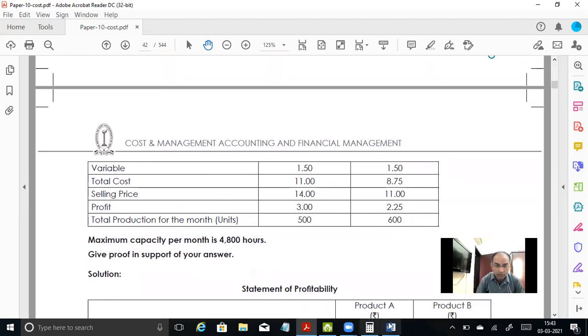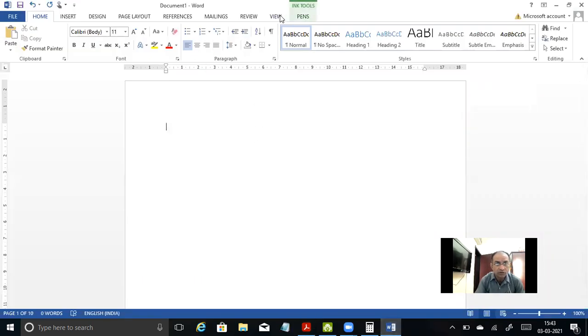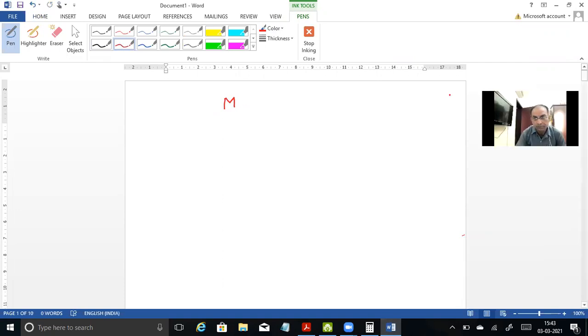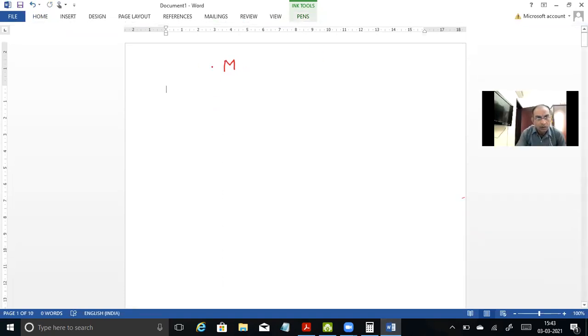So let us move to our Word file. Here we will solve this question. So first of all, we will prepare as usual marginal cost statement. Okay. So marginal cost statement we are preparing. So first of all, we'll write the selling price per unit.